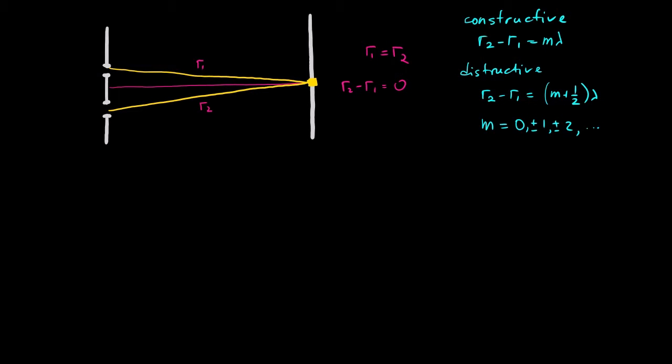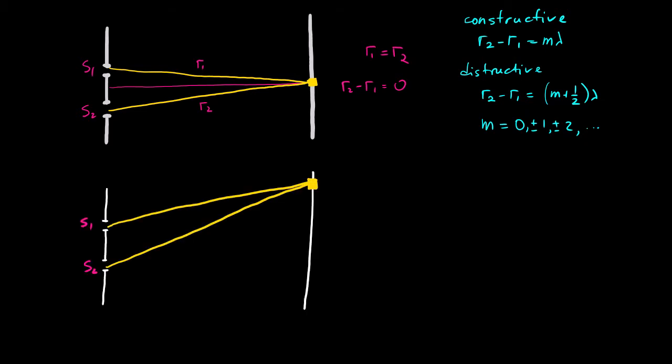Now, another place where constructive interference will happen is when the wave from source 2 travels one full lambda extra path length.